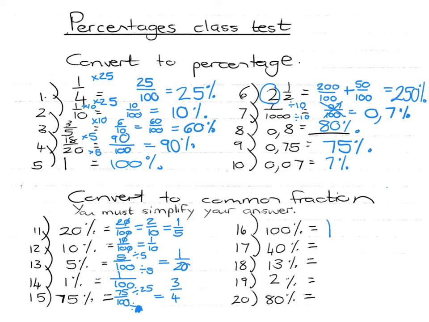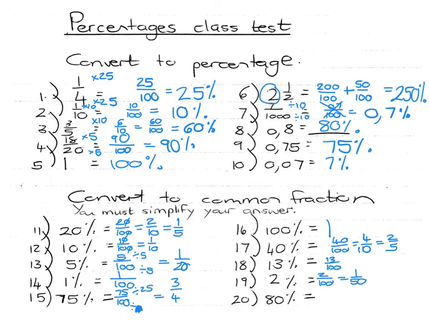40% is 40 out of 100, which can go down to 4 out of 10, which can go down to 2 out of 5. 13 is a prime number, so 13% is 13 out of 100, and I know there's nothing I can divide it by except for itself, but 100 won't divide by 13, so I'll stop there. 2 out of 100 can both half, 1 out of 50.